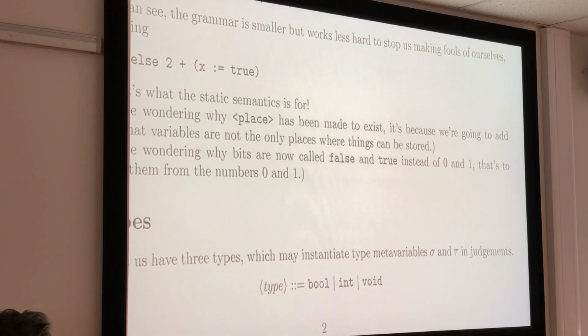So we're going to have a whole three types, right? Not infinitely many types, like in simply typed lambda calculus. A whole three types: bool, int, and void. And where void is just the type of commands.